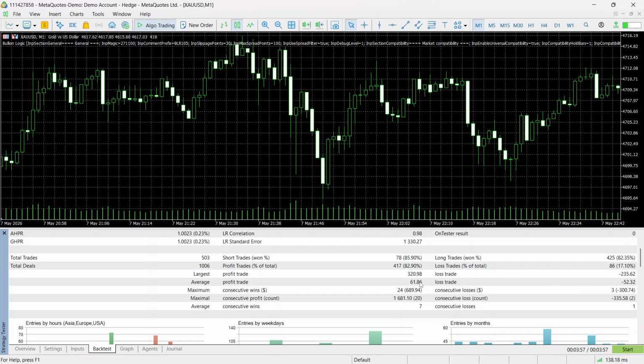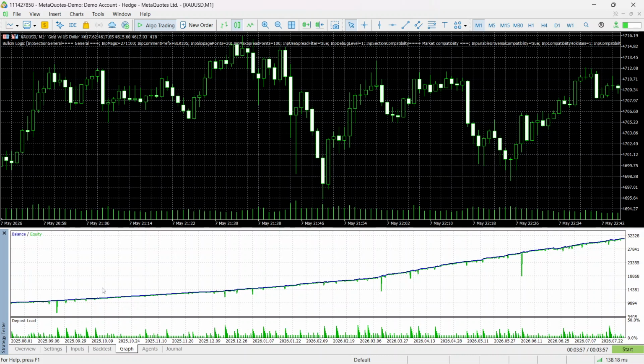Average profit 61, average loss 52, still under. You can see that both the largest profit and average profit are higher than the largest loss and average loss respectively.